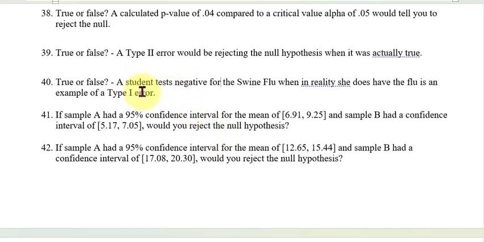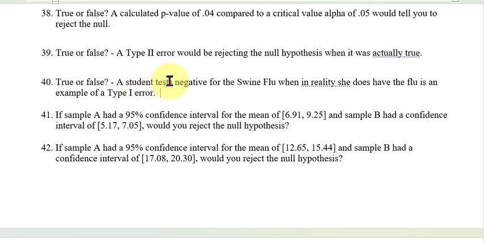And this one: a student tests negative for the swine flu when in reality she does have the flu, right? So it says that she doesn't have the flu when in reality she does. This is actually a type 2 error. It's a false negative. The other one was a false positive; this one's a false negative.